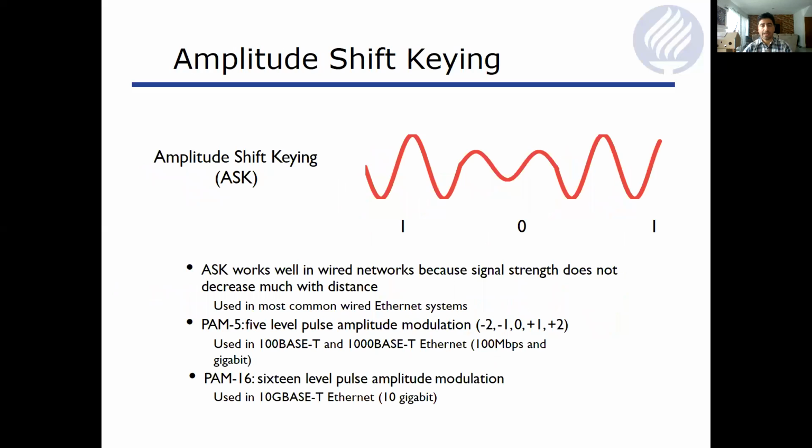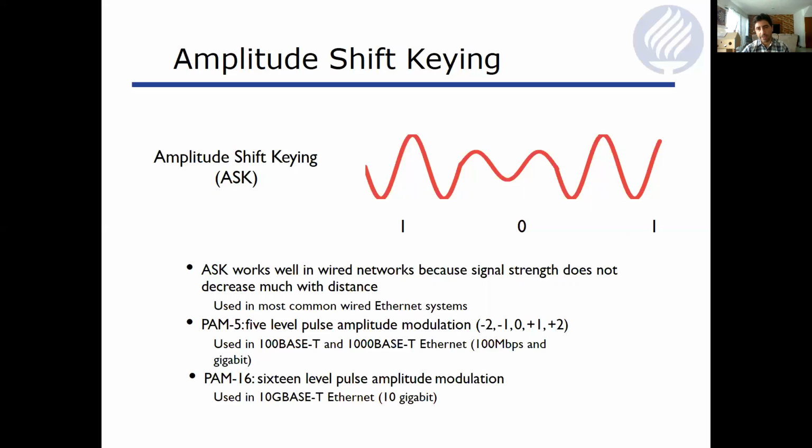So talking about amplitude shifting, it turns out to be very simple, and it's very commonly used, especially in wired networks. The reason is that when you have a wire, your medium is controlled. If you put a signal on one end of the wire, it's not going to decrease a lot on the other side, because the resistance of the wire is very, very low.